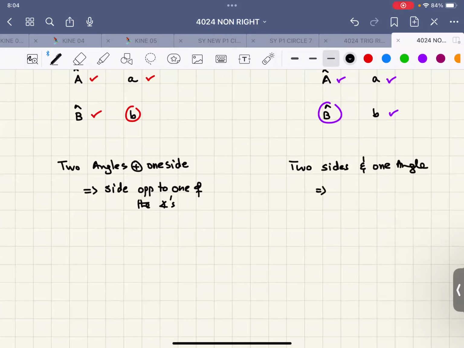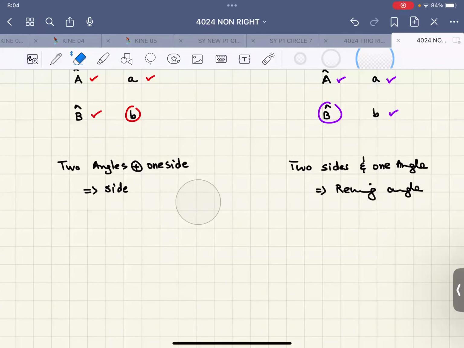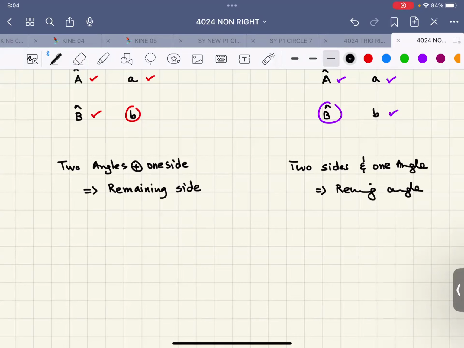So you can find the remaining angle. Let me also change the wording over here. I can write, you can find the remaining side. And over here, let me just remove this and write it clearly so you can find the remaining angle.